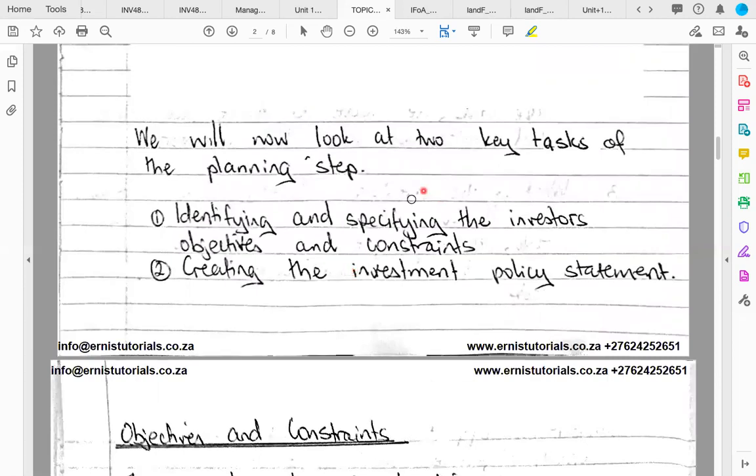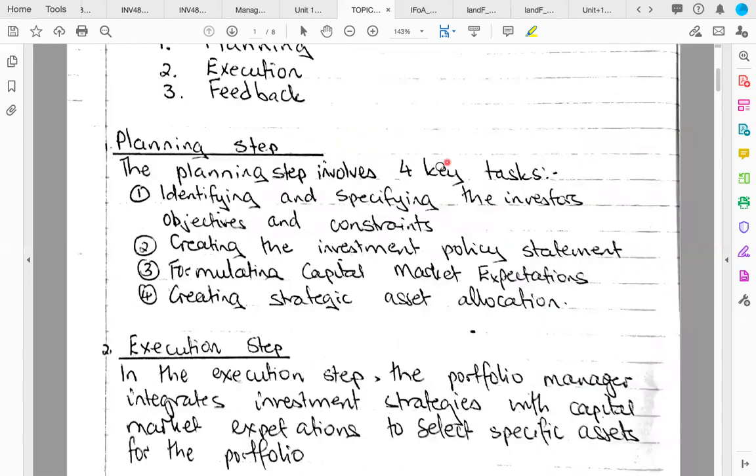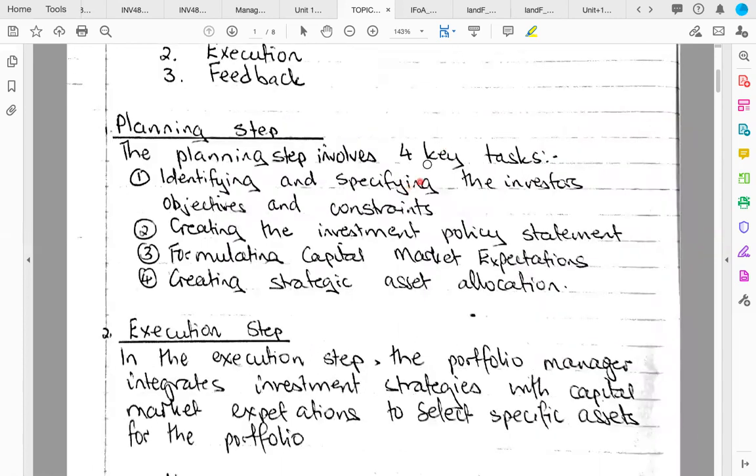So now I want us to look at 2 key tasks of the planning step. In this first learning unit, I'm going to take you through these two key tasks: identifying and specifying the investor's objectives and constraints, and creating the investment policy statement.